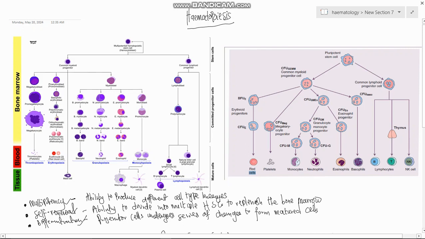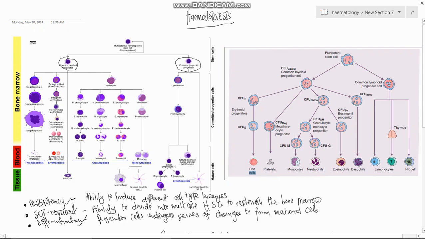We have the myeloid lineage and then the lymphoid lineage. Basically these are the two lineages that are produced during hematopoiesis. So the stem cell is able to produce these two lineages: the myeloid lineage or the common myeloid progenitor and the common lymphoid progenitor.